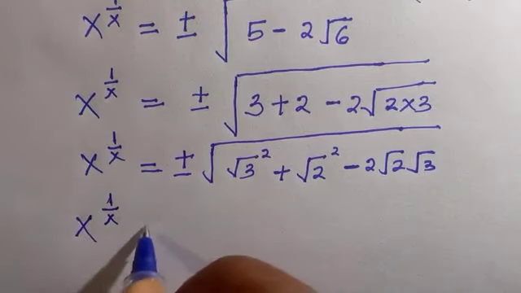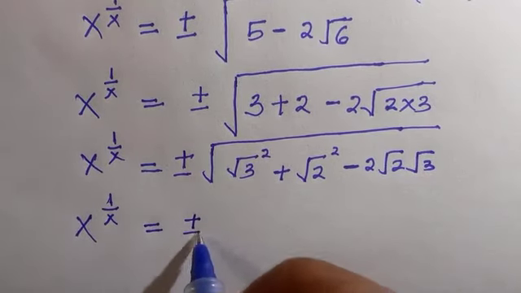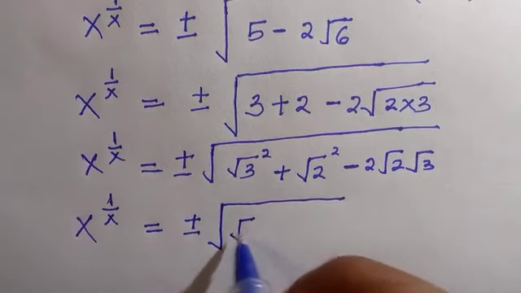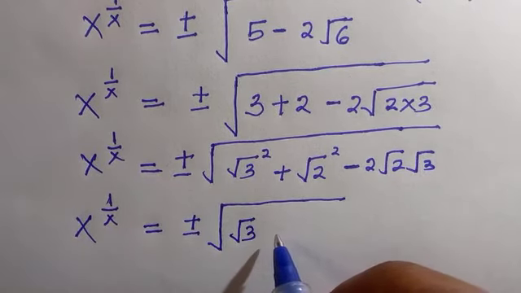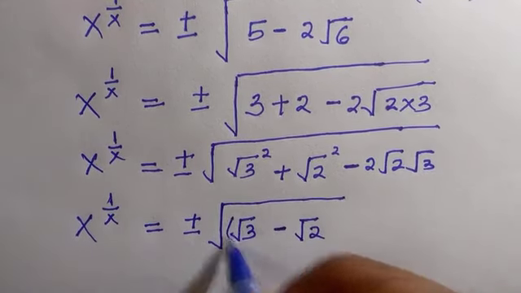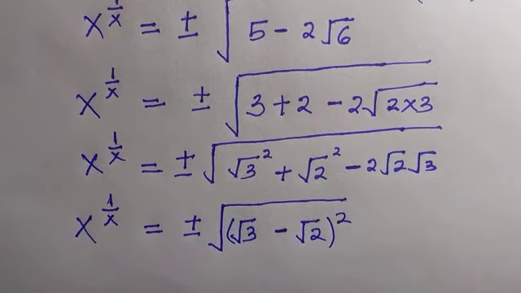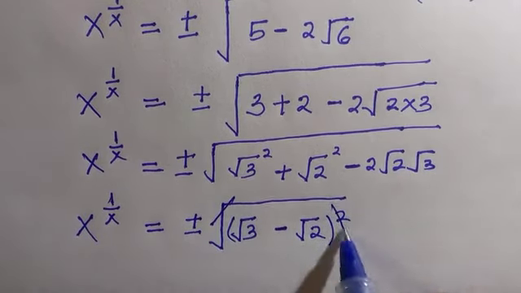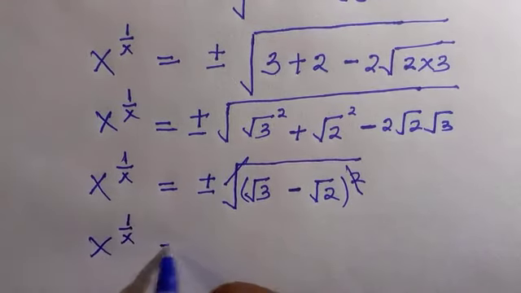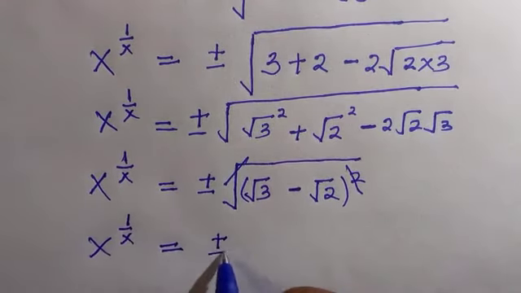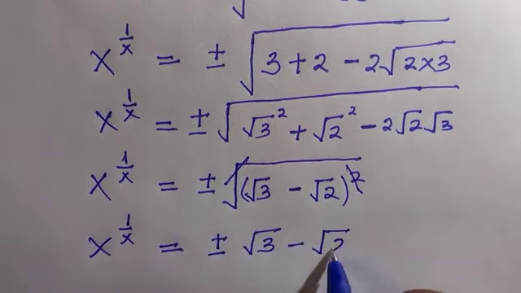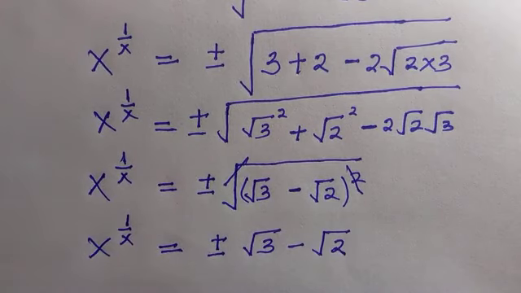We have x raised to the power 1 over x equals plus or minus the square root of root 3 minus root 2 all raised to the power of 2. So on getting this, this will cancel, and we have x raised to the power 1 over x equals plus or minus root 3 minus root 2. And this is where we are going.